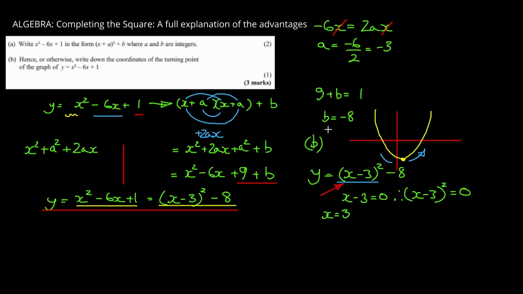So the diagram, in a way, wasn't a really bad guess. This point here, the minimum point, is at positive 3. There could be other things wrong with the diagram where it crosses, but for the moment, the minimum point is sitting at 3. And what is that minimum value? Well, the minimum point of the curve, this value here, is -8. So the coordinates of the turning point is equal to, the x value is 3, and the y value is -8. And that is your answer.